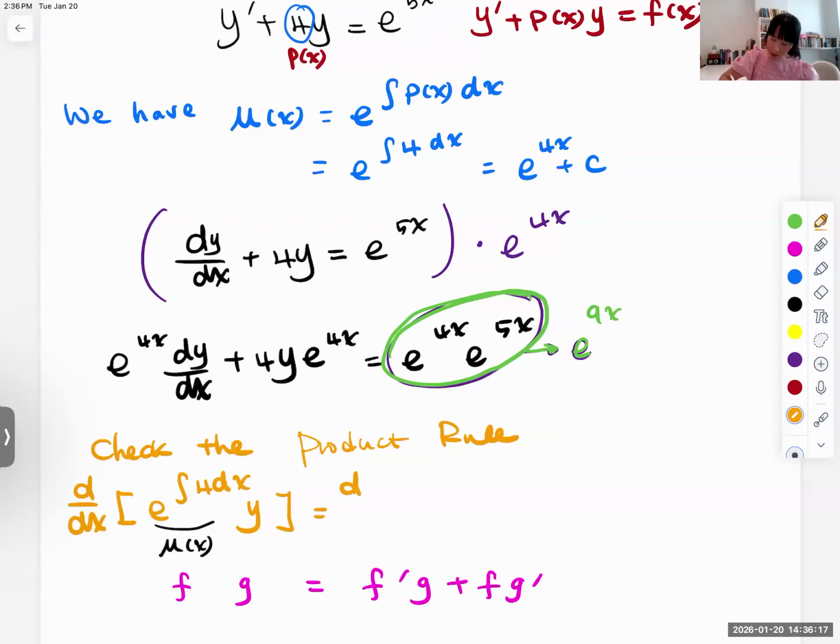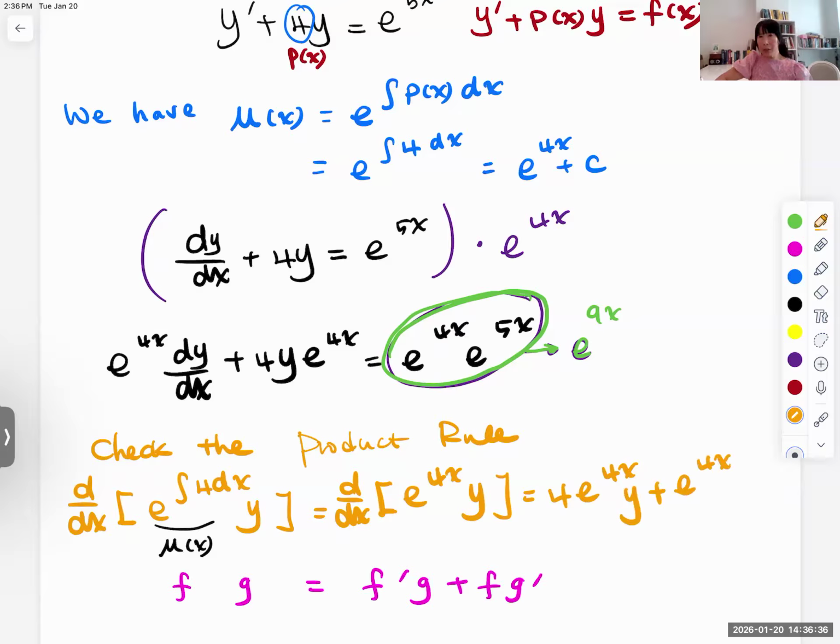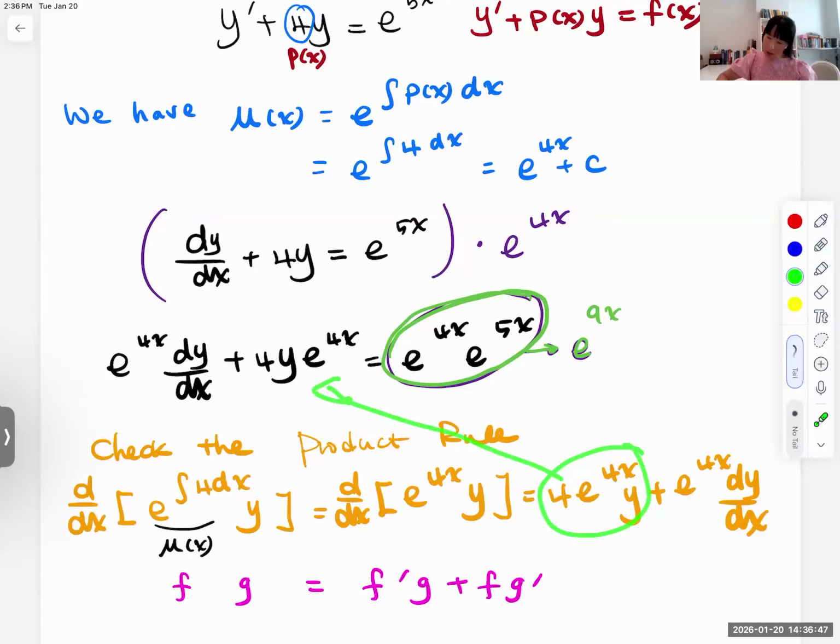Hold on one second. Before we do that, we have e to the 4x from earlier. Now the derivative of e to the 4x is 4 e to the 4x, times y, plus e to the 4x times the derivative of y, dy over dx. Now we have this one here and this one here, and they are equal to e to the 9x.